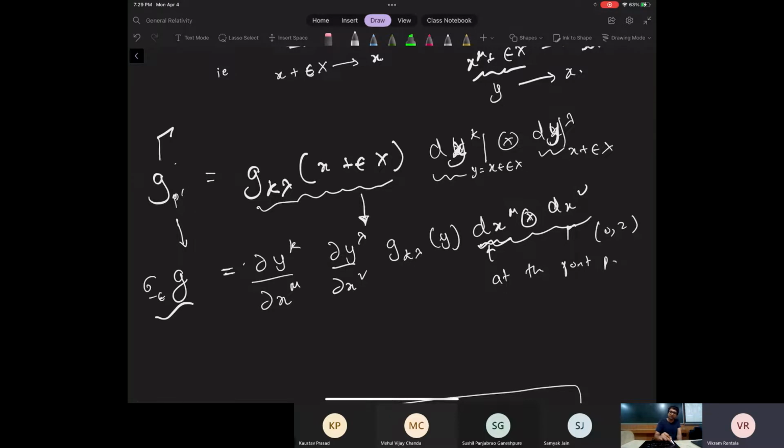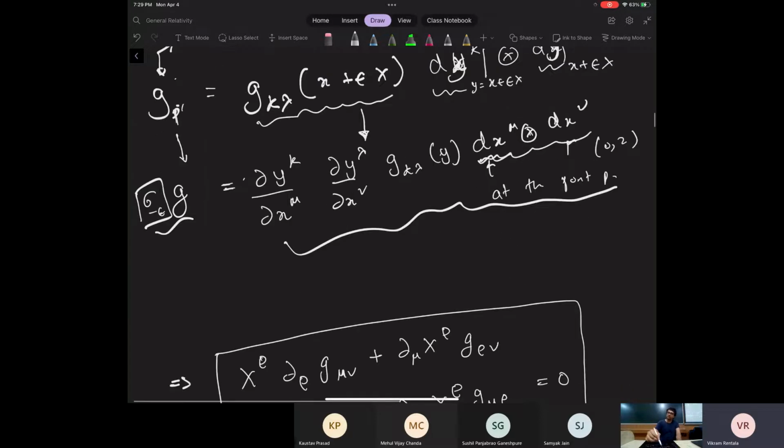This g is evaluated at the point P prime, so it is a tensor at the point P prime. What we did by this pullback is convert it to a tensor at the point P.